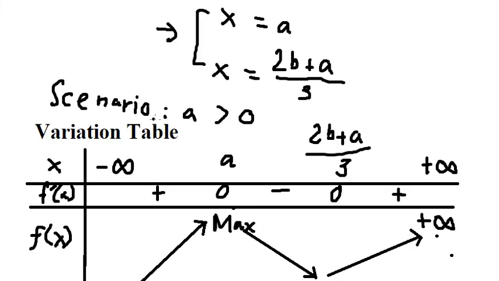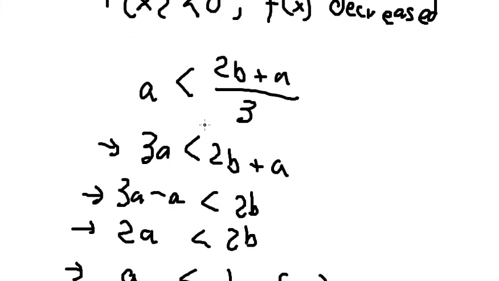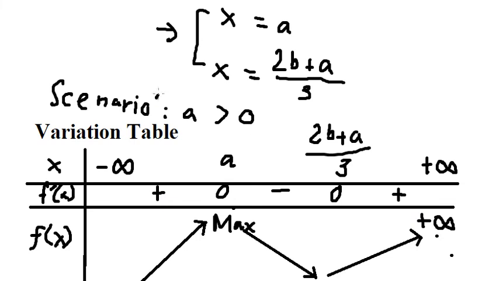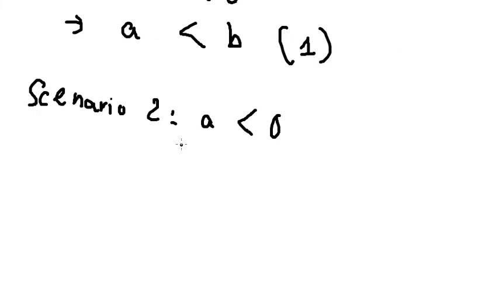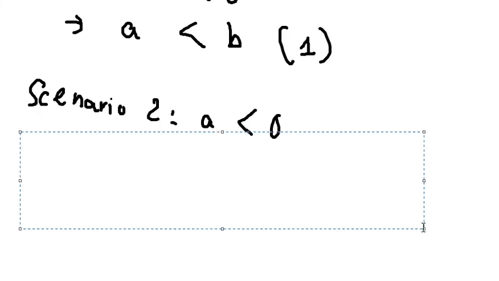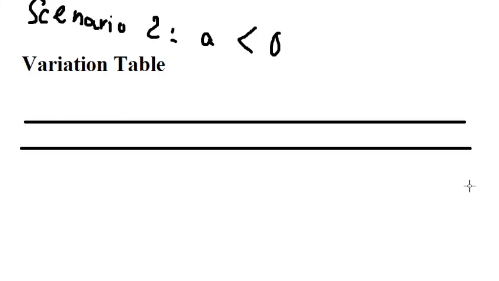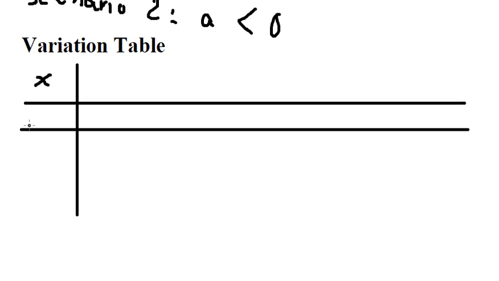Now we have scenario number 2, that is, a is smaller than number 0. So we use a variation table. So we put s, the derivative of the function, and f of s.